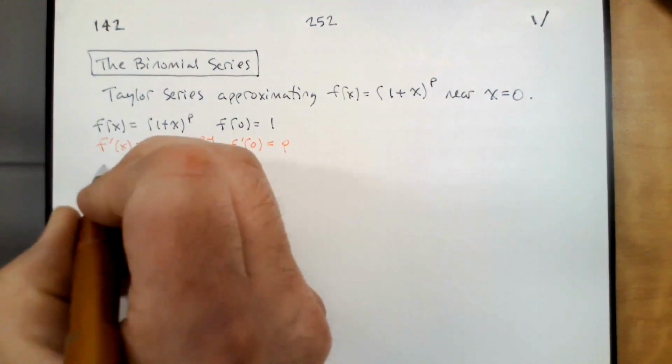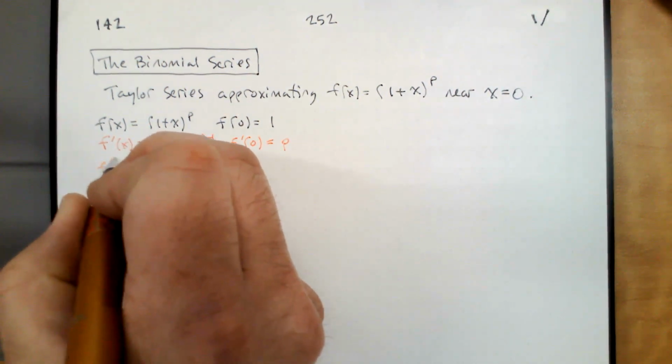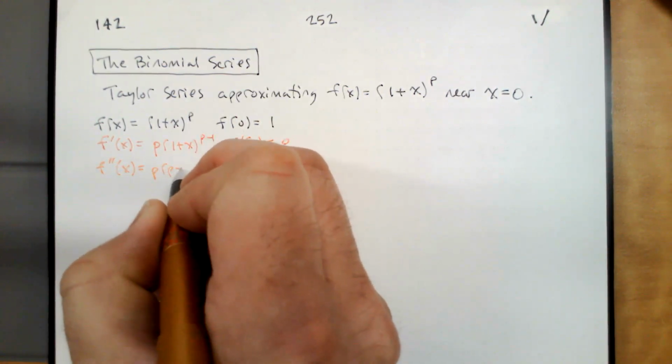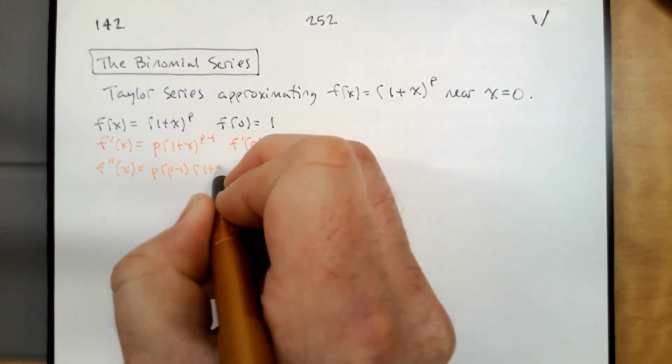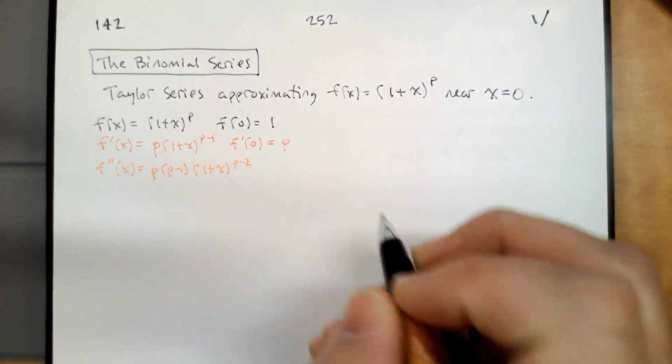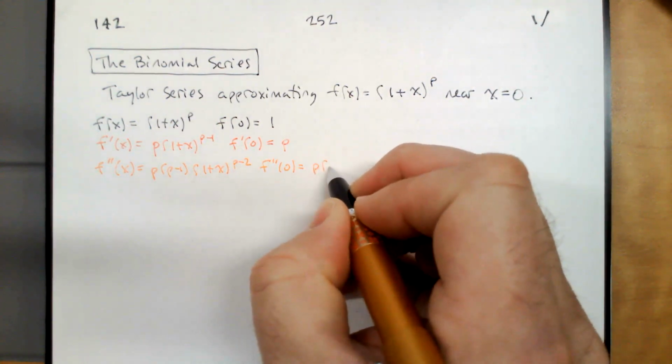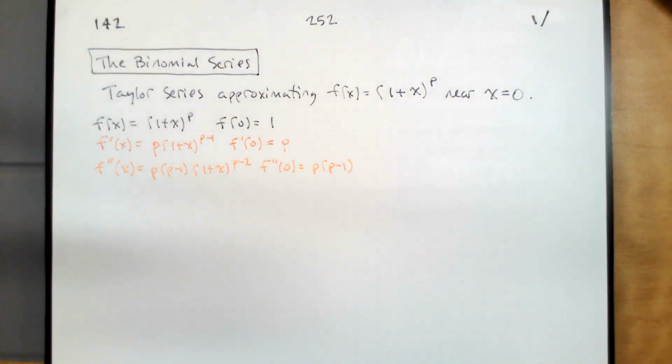Our second derivative will be p times p minus 1 times 1 plus x to the p minus 2. Multiply by the exponent, subtract 1 from the exponent. So we can quickly see what's going to be happening here.